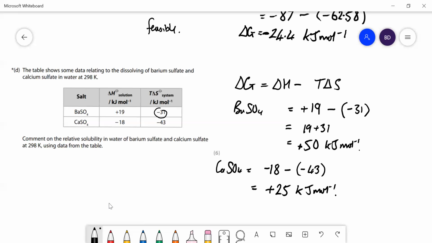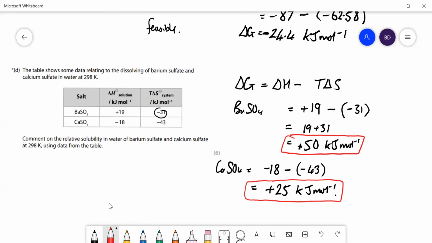Now, you need to say that the barium one is a lot more positive, so it's going to be a lot less soluble. You might expect the calcium sulfate to be slightly more soluble because of that.